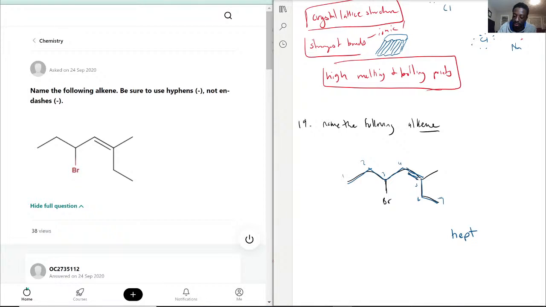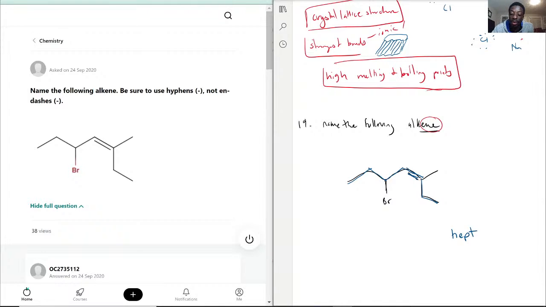All right, so now the trick here is that when we're numbering them, we have to number to put the most important part first, and each part is ranked differently. But the thing is that we want to be as close as we can to the double bond, because that's what defines this. It's an alkene now.